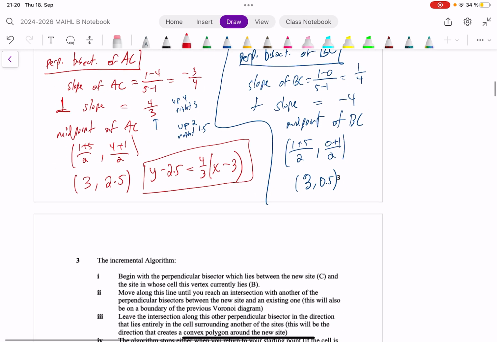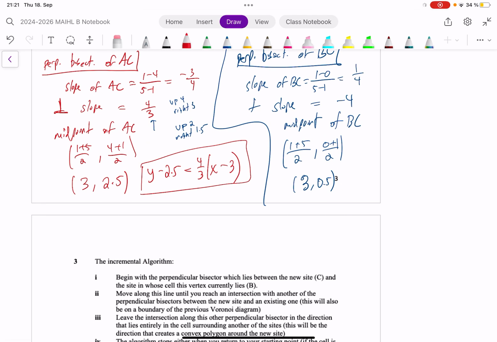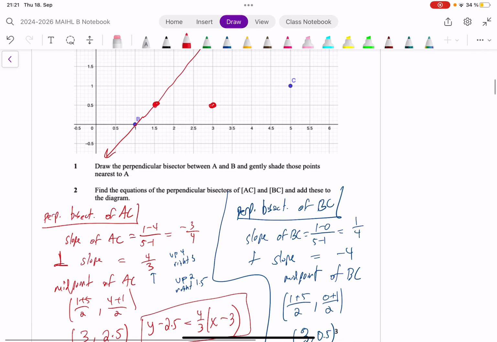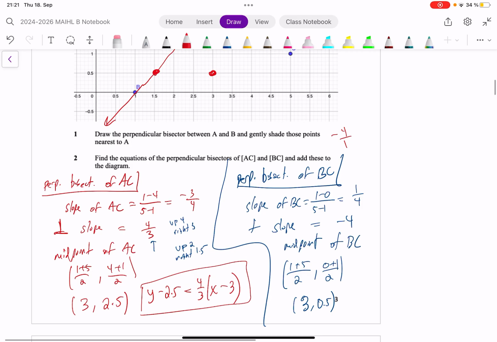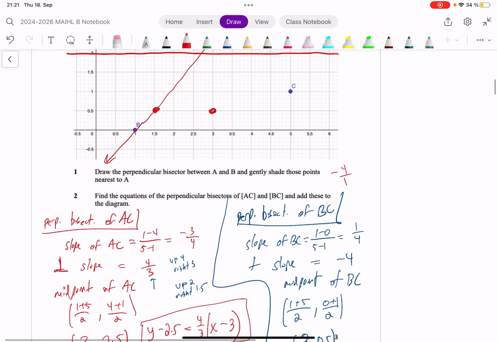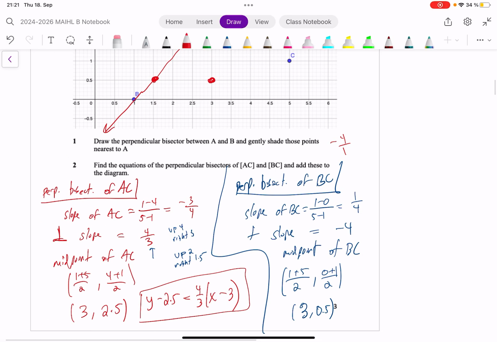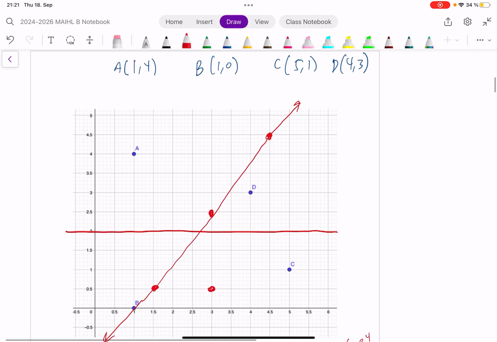And this one's going to have a slope of, what was the slope? -4. So it's technically -4 over 1. So you could say it goes down 4, right 1, or up 4, left 1. I think that's going to be easier with what I currently have. So that's what I'm going to do. I'm going to go up 4, left 1.